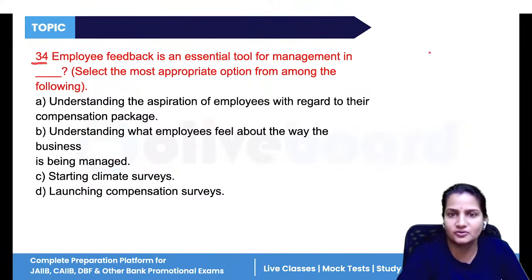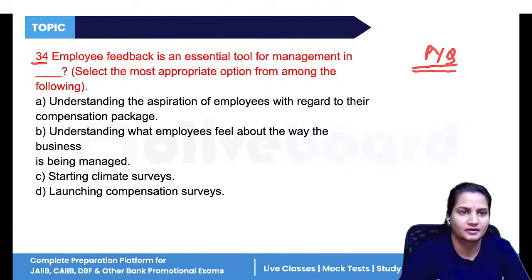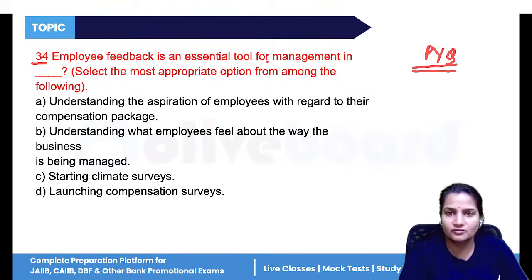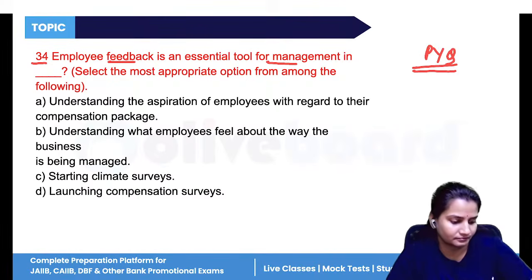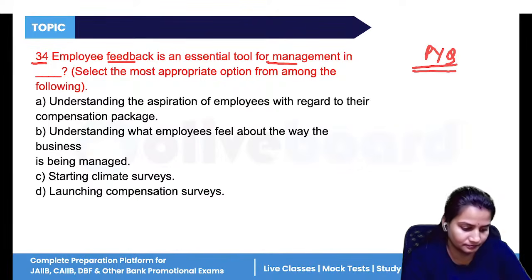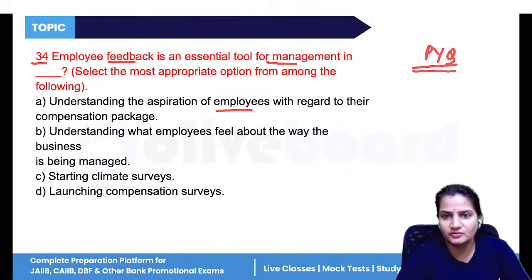Now, next. This is your previous year question. Employee feedback is an essential tool for management. Why do companies take the feedback of employees? Why is employee feedback important?